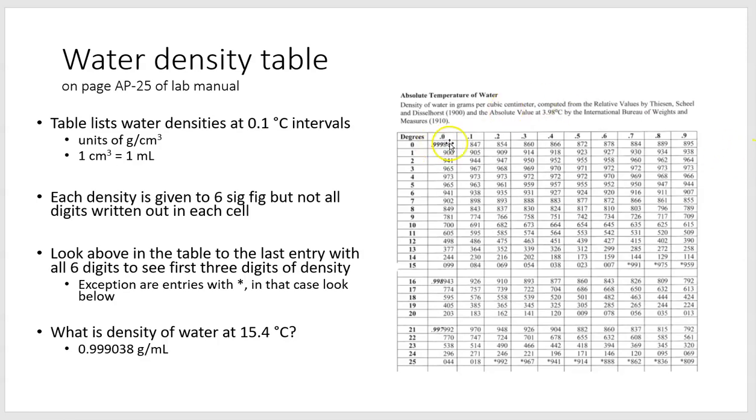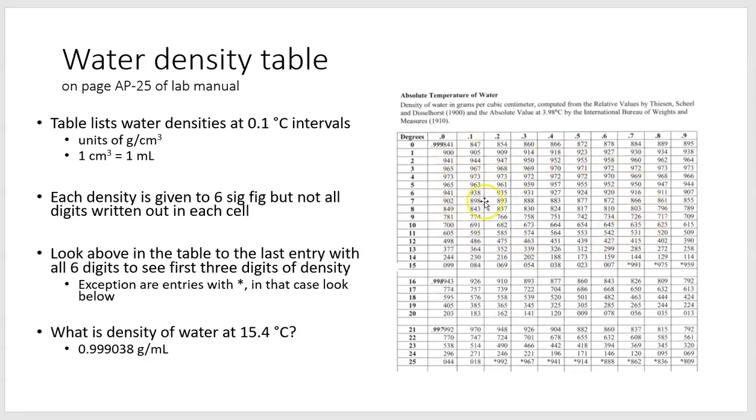For example, up here we can see at 0.0 degrees it says the density is 0.999841. But then the next entry, at 0.1 degrees, just says 847. What's going on is the table doesn't want to have to write out 0.999 for all these entries.